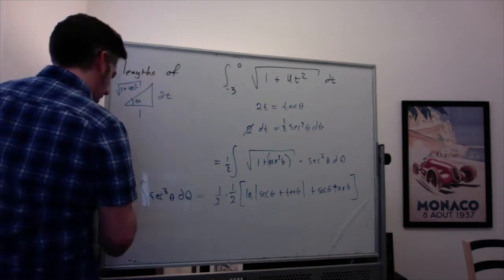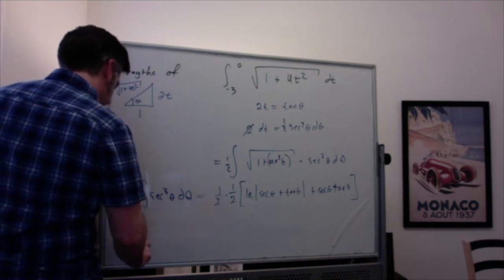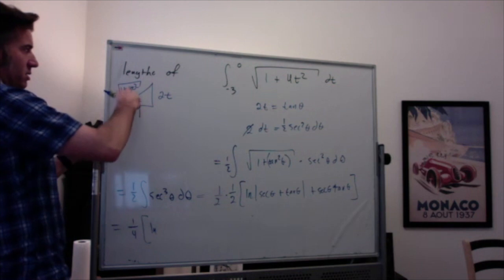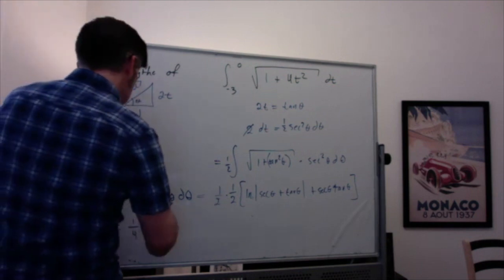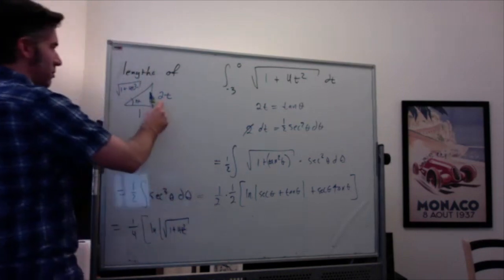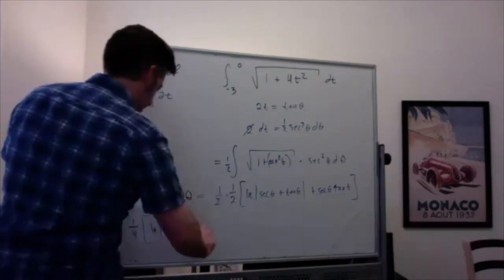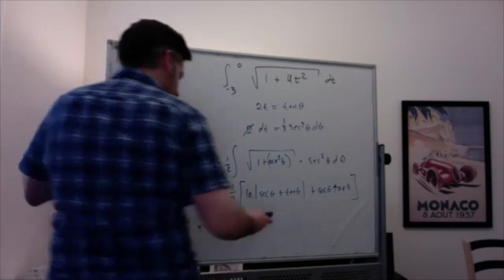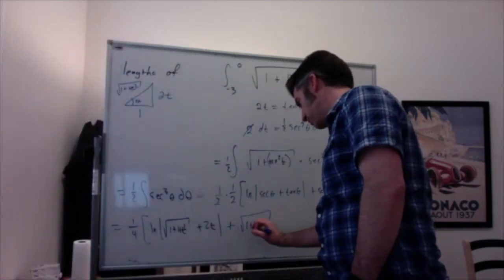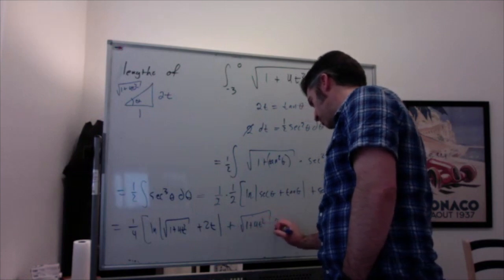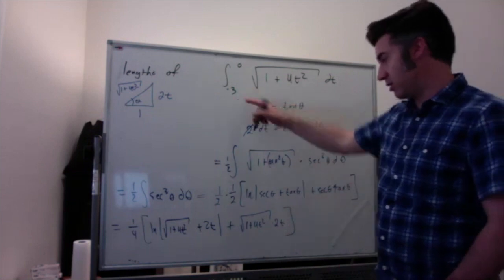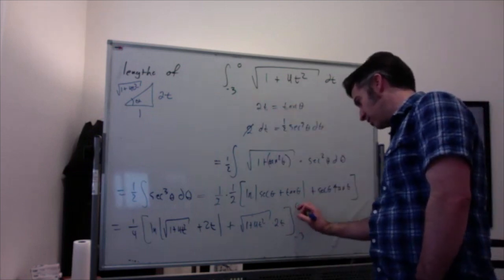So it looks like we've got 1/4 natural log of secant of theta, which is the square root of 1 plus 4t squared, plus tangent of theta, which is 2t, plus the product of those things, the square root of 1 plus 4t squared times 2t. Whew. And then since we've got t's now, we can integrate from -3 to 0.